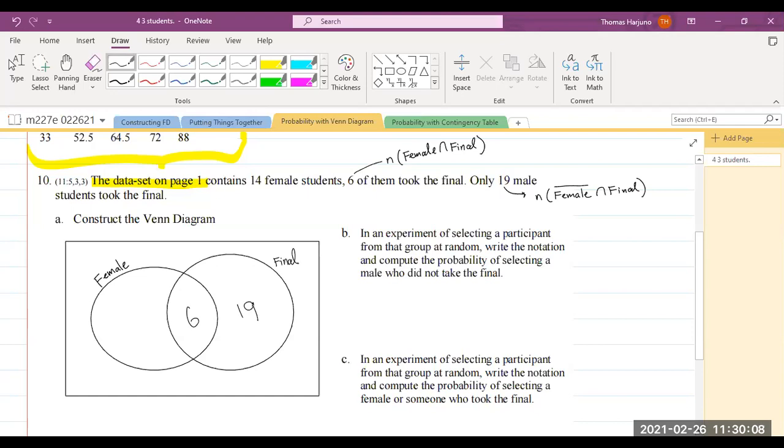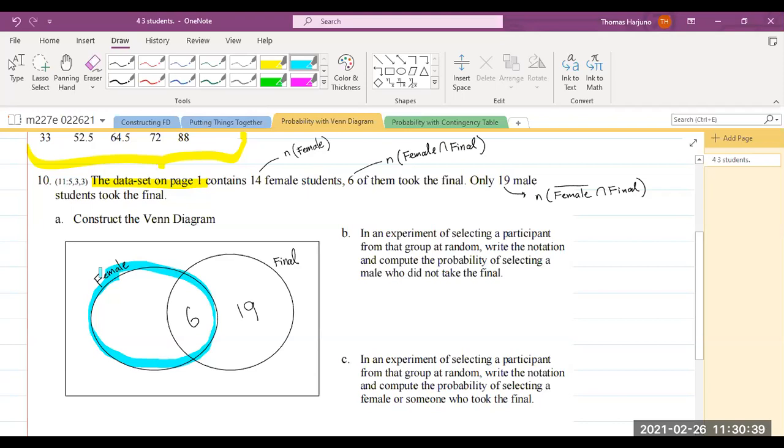If the number of female is 14, how many students did not take final? Remember, the total female should be 14, so the one inside this circle should be 14.